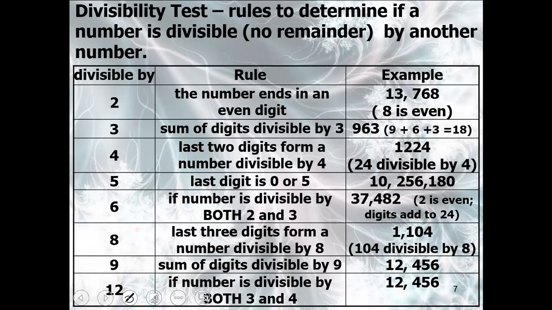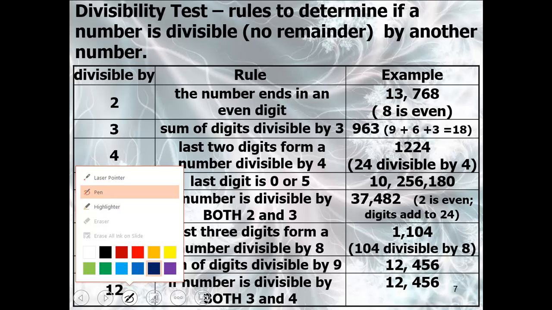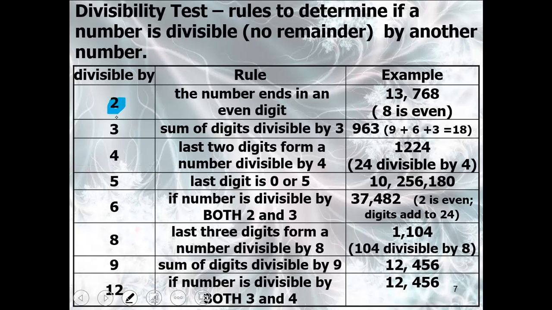All right. Part of your homework, there's like 4 problems tonight, and they go through the divisibility tests. So I'm just going to touch base with them quickly. A number is divisible by 2 if it's even. So if the last digit is even, then it's divisible by 2. 8 is the last digit, 8 is even, so it is divisible by 2.